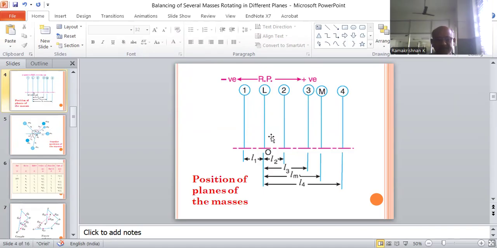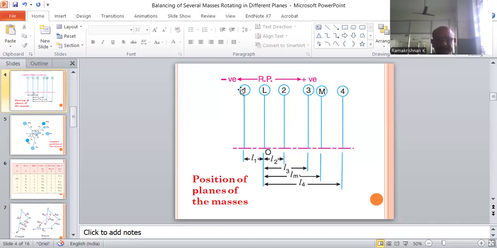Here our procedure is that out of these planes, one plane must be chosen as a reference plane. So let us assume the plane L is regarded as the reference plane. The distances between the planes are referred from the reference plane, so the distance of all the planes is taken from the reference plane L. Normally we adopt a sign convention, positive or negative.